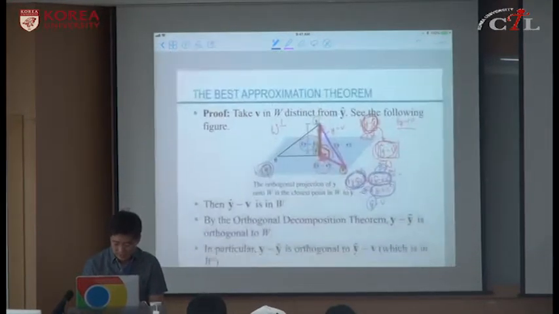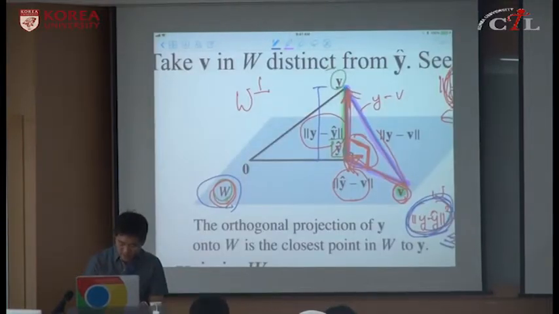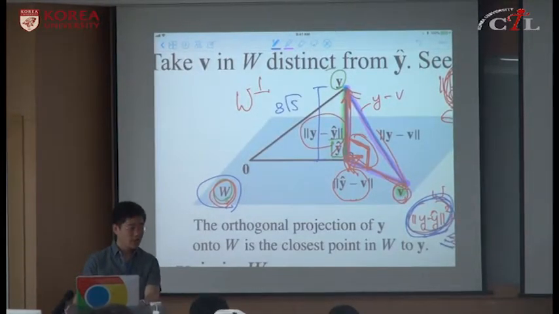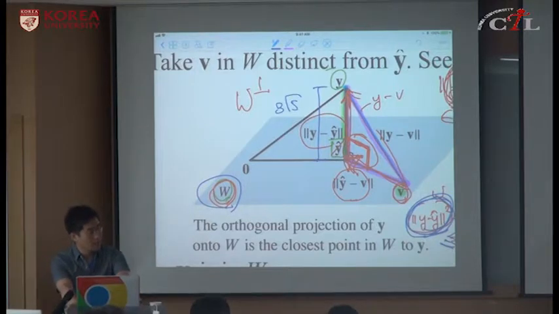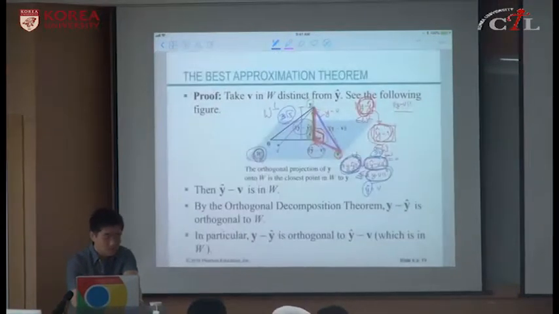So that length is, let's see, 3 times the square root of 5. That length is the smallest possible length in terms of the error. So when you pick any other point v in W, the distance between this v and y will always be greater than this value of 3 times the square root of 5.